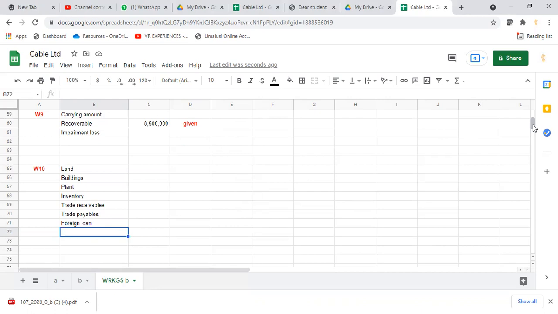And the second thing you must take note of, because they're never going to tell you this, is that included in the plant is a decommissioning liability. So remember the decommissioning liability journal entry looks as follows: debit plant, credit decommissioning liability. So we have it in the asset, so don't forget, you also need to bring it over here.